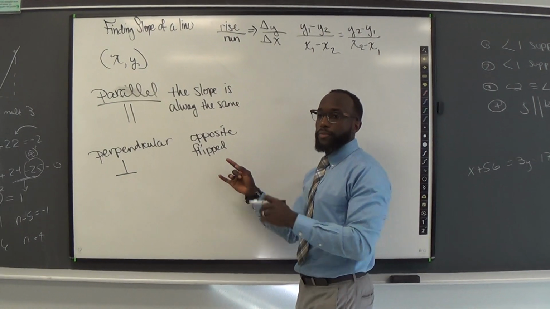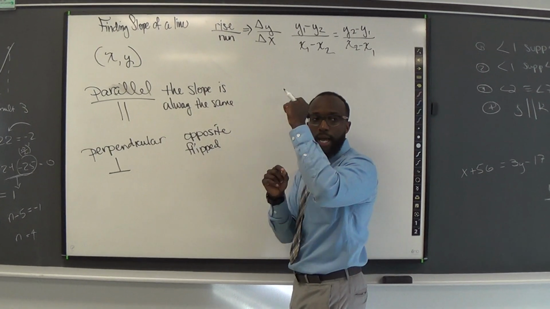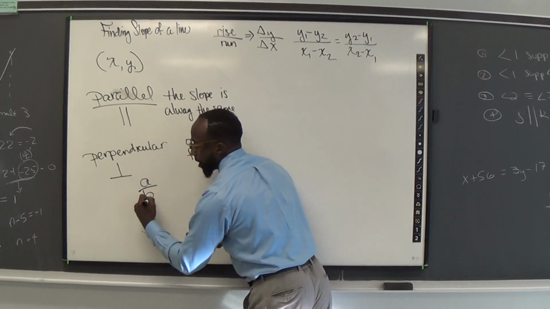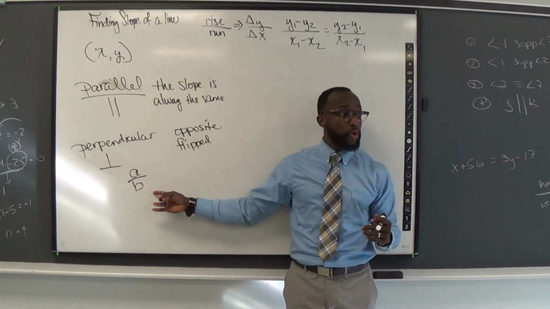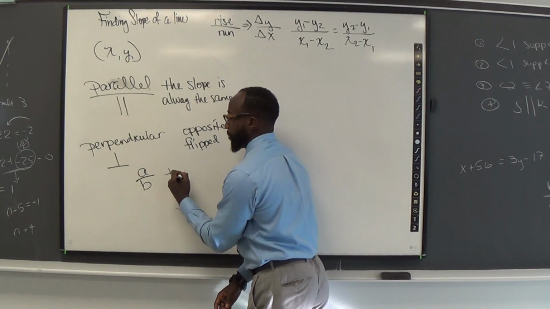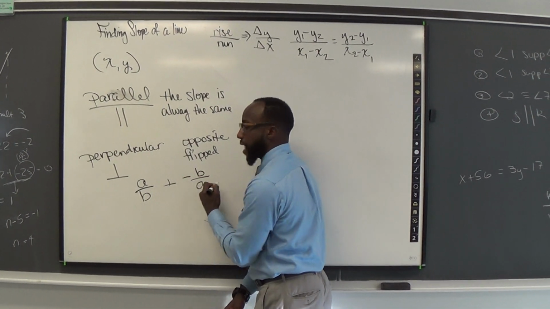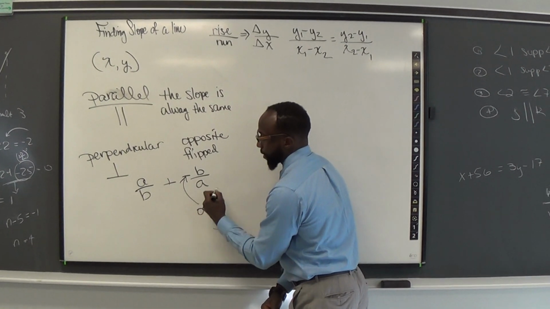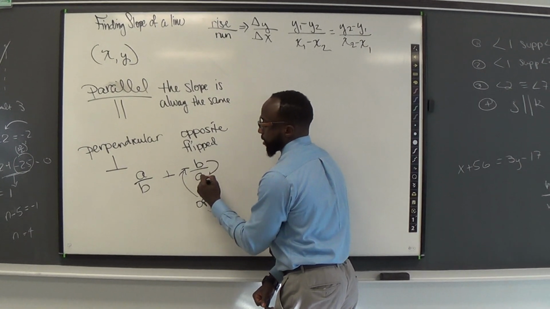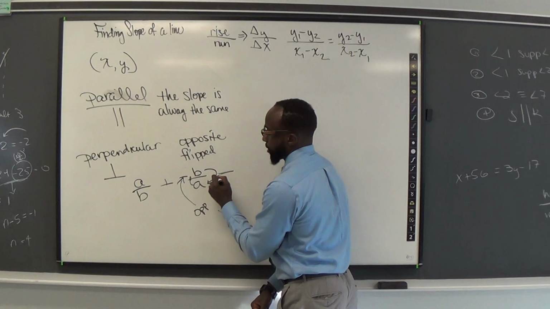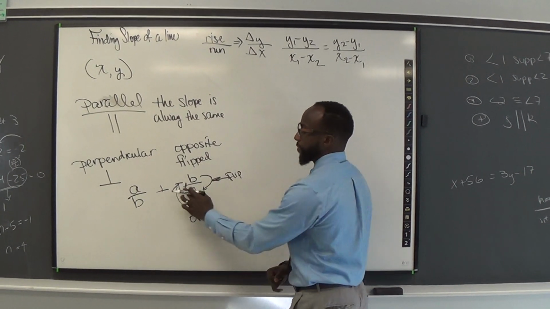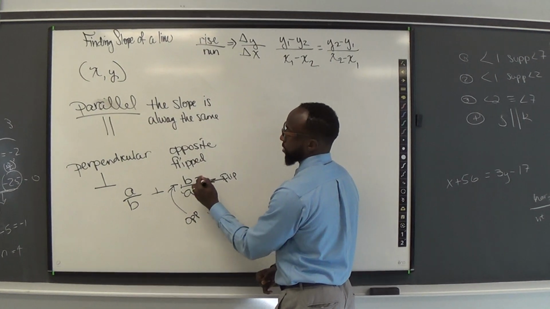Flip, or reciprocal, means that the numerator becomes the denominator and the denominator becomes the numerator. So, for instance, if A and B represented numbers and this was the slope, the perpendicular slope would be negative B over A. The negative sign is the opposite part, and the changing of A to B is the flip part.